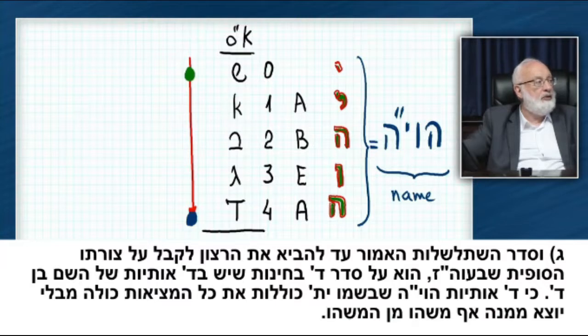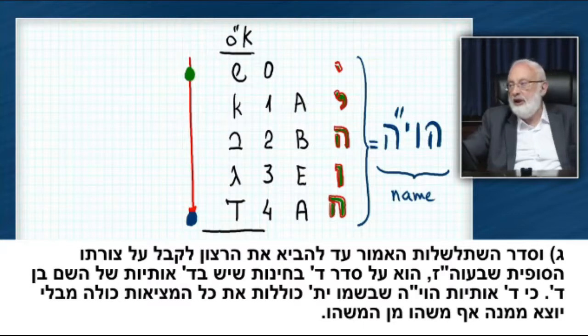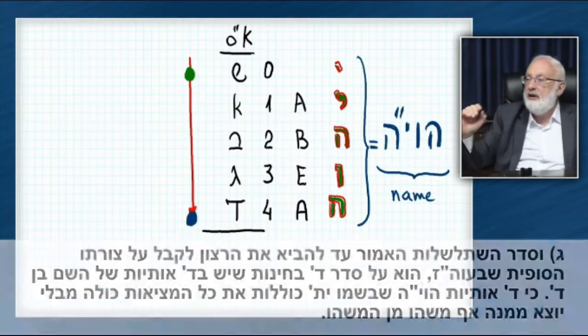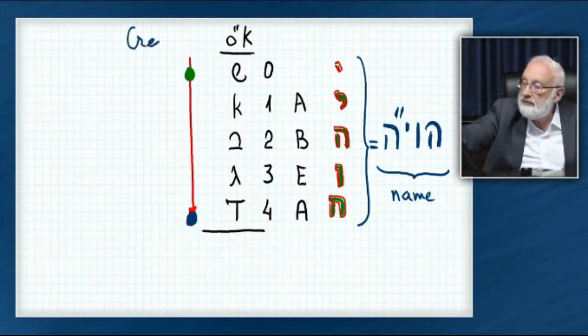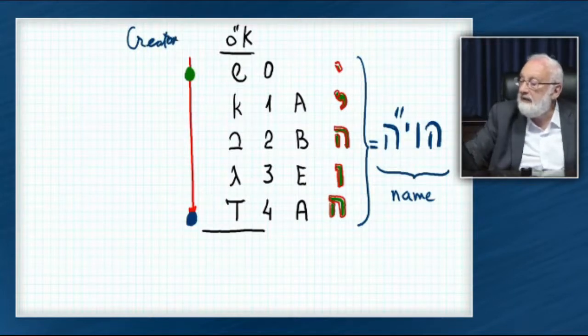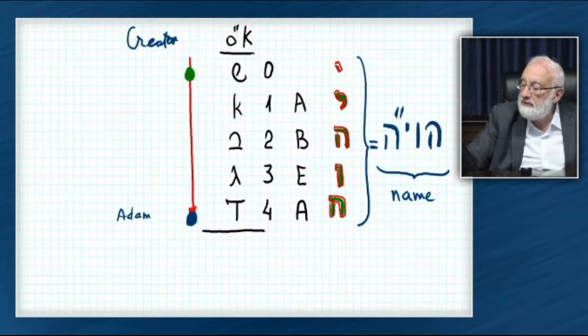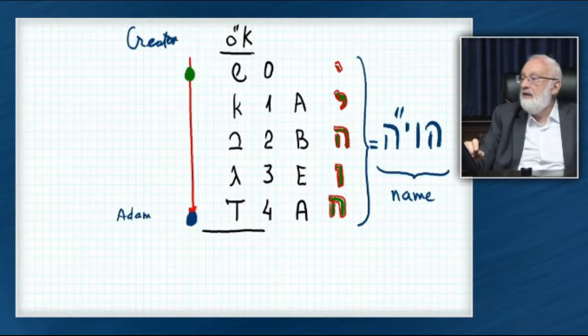Because the 4 letters Havaya in His name contain the whole of reality without any exception. In general, we have nothing besides here the Creator, and here the created being called Adam.